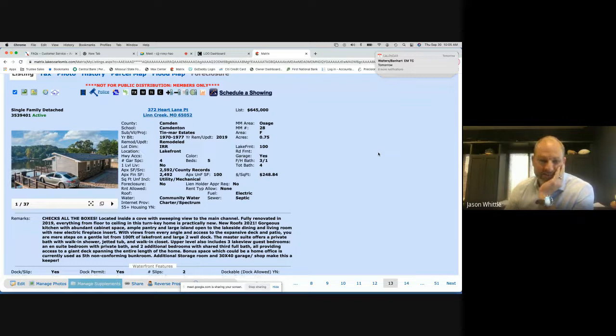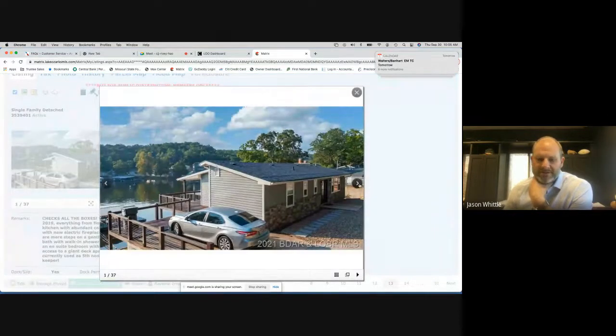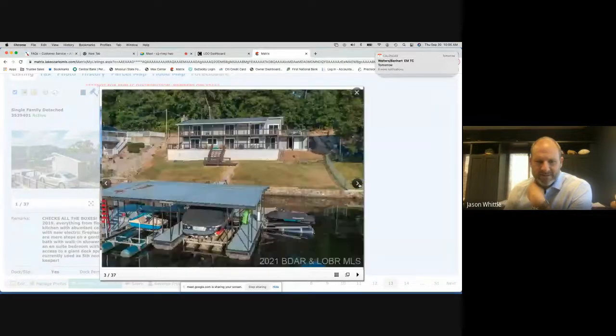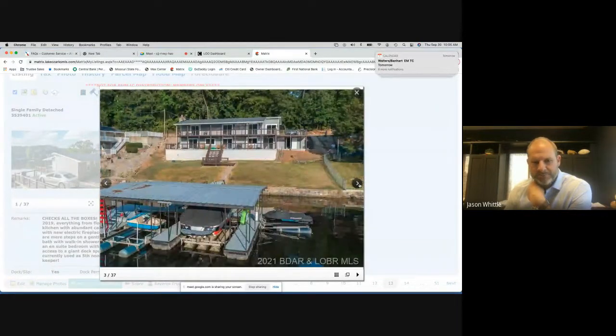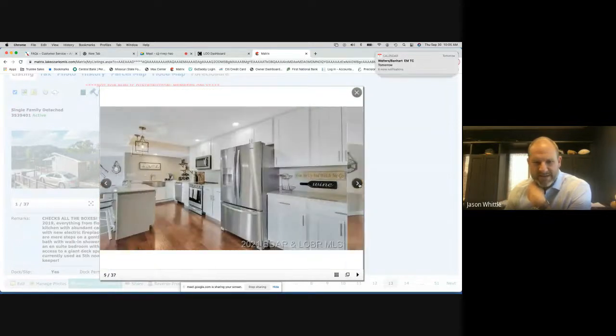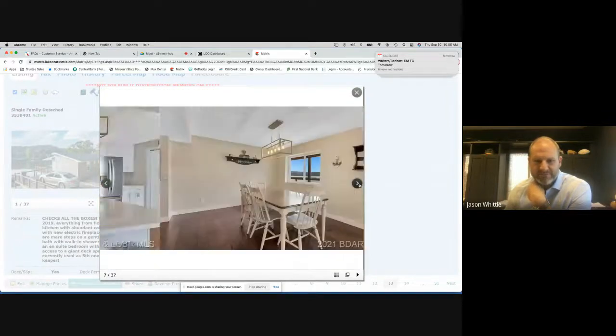It's not very big, right? It's only 2,500 square feet, but it has 5 bedrooms and 3.5 baths, which is quite a few bedrooms for that size of home, and it has 4 garages. It's hard to do this without being at the house, but you can kind of see it. It's a nice home. Location's okay, it's in Camdenton, but the inside's been totally updated.